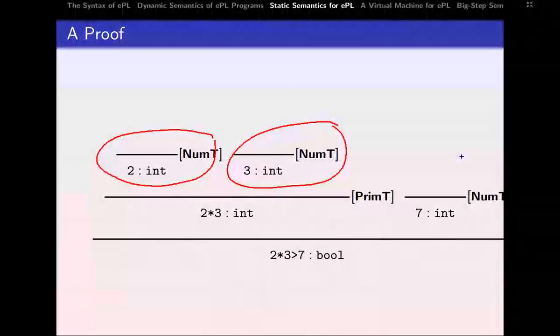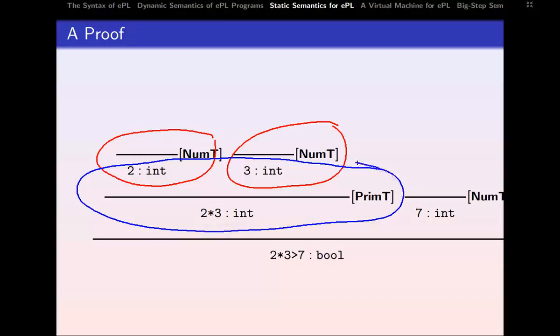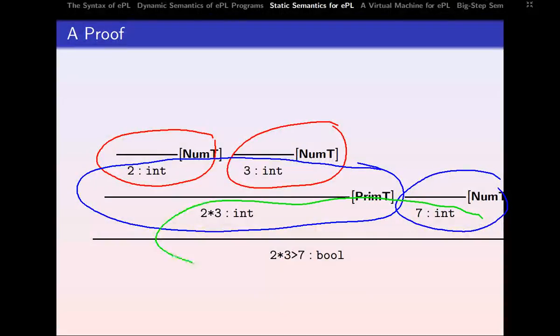Then this is a rule. Okay, this is another rule, and then this is another rule. Okay? So we stack rules in this way, and we get some sort of a tree, and that's a proof that the type of an expression is what it is.